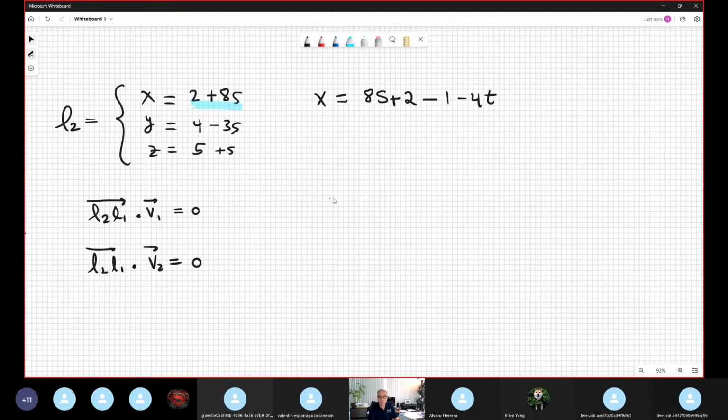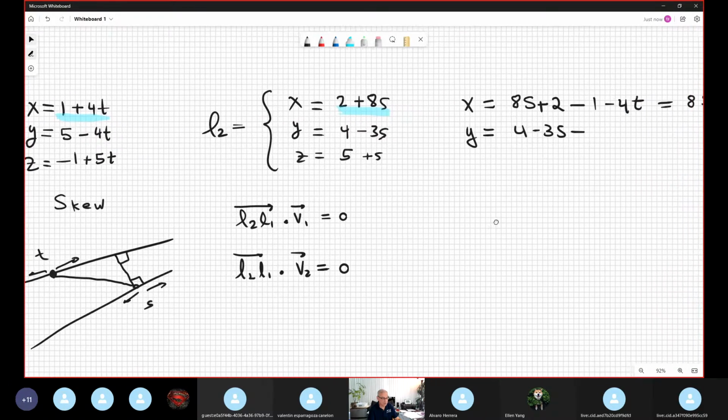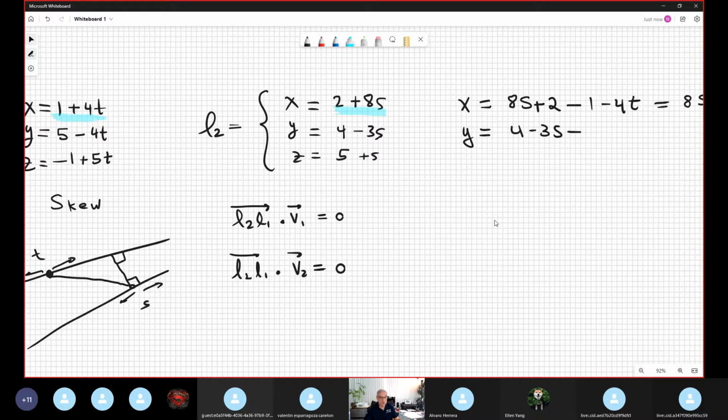If you combine, you have 8s minus 4t plus 1. And y is similar. You take 4 minus 3s minus the y component for the second line, which is 5 minus 4t. Actually, it is -5 plus 4t.